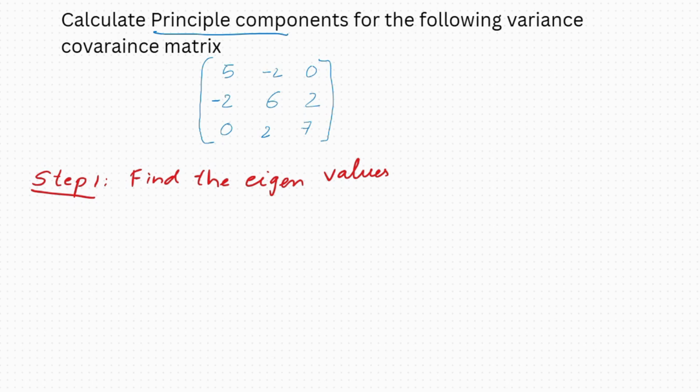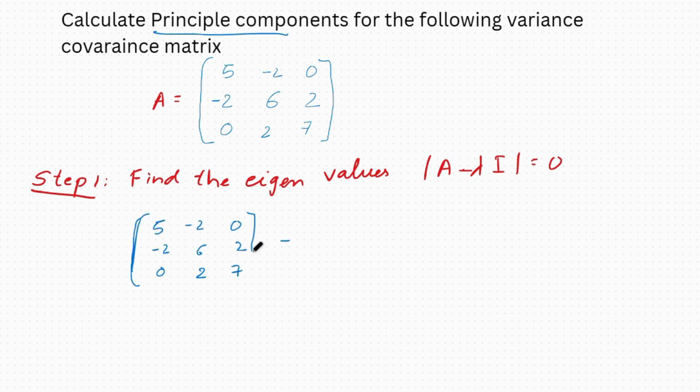How can we find that? By using det of A minus lambda I is equal to 0. Let's consider this as A. Det of A minus lambda times the identity matrix 1 0 0.